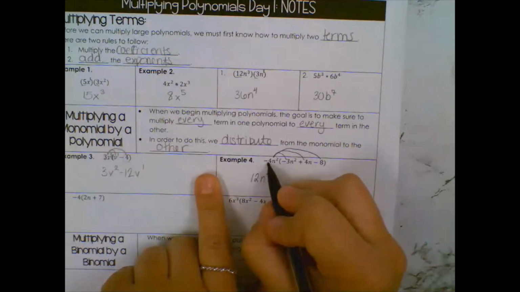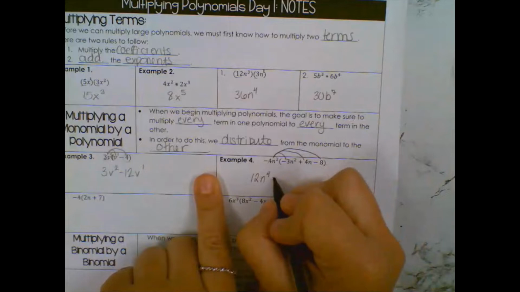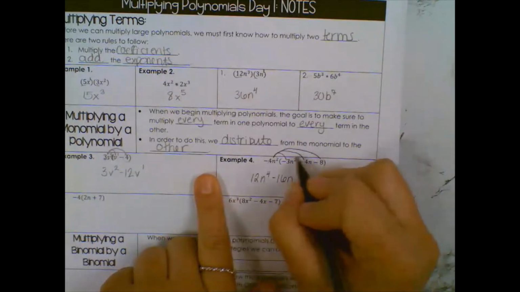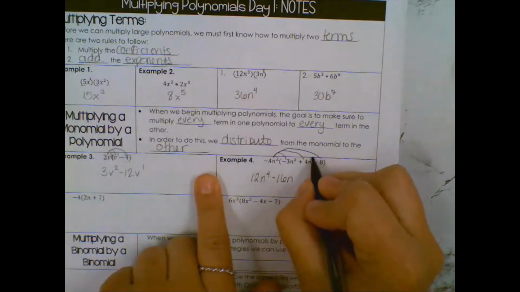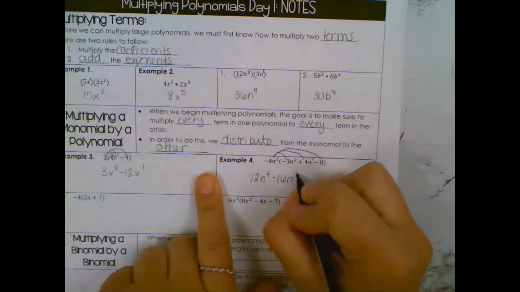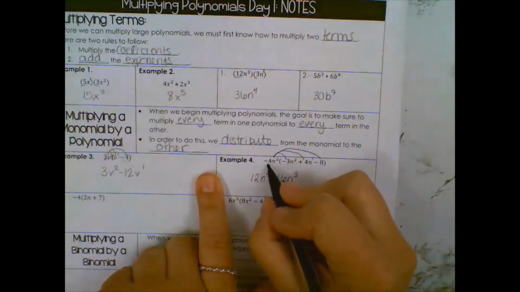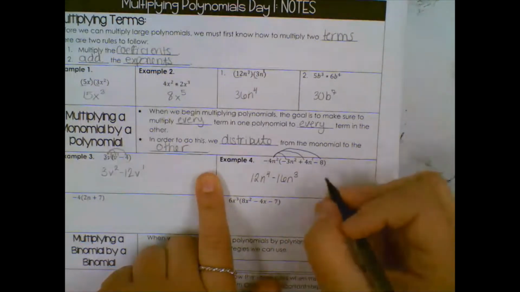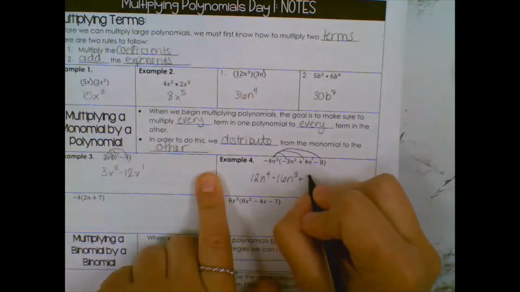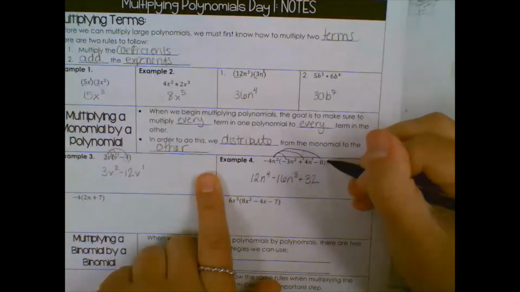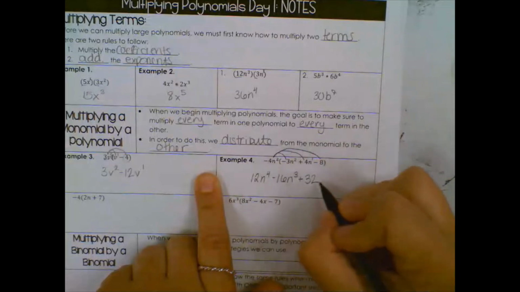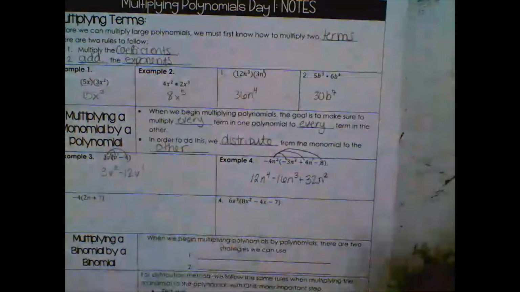Distribute to the next one. Negative 4 times positive 4. That is a negative 16n to the 2 plus 1. Don't forget the 1 there. So to the third. And then negative 4 times negative 8, that's going to turn positive, so we get a positive 32. And remember, there's no variable here. It's going to stay the same, n to the second.